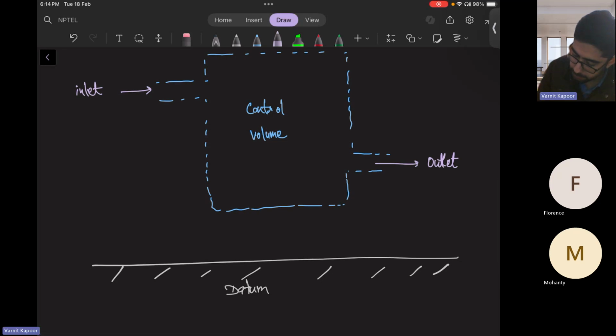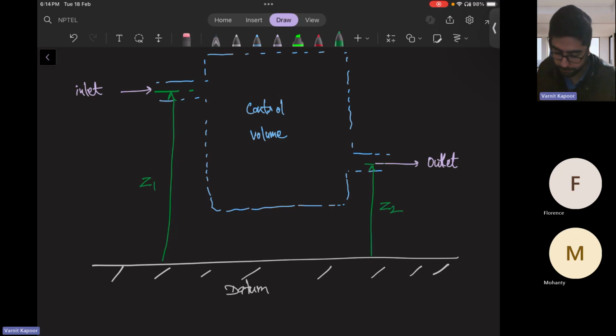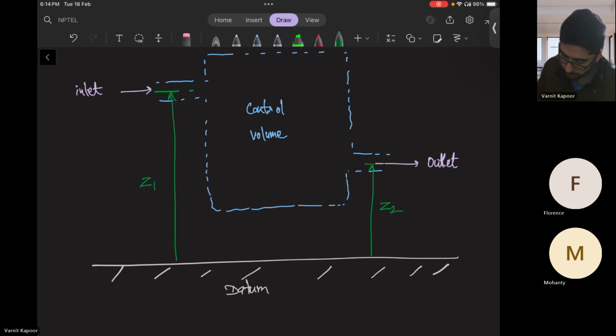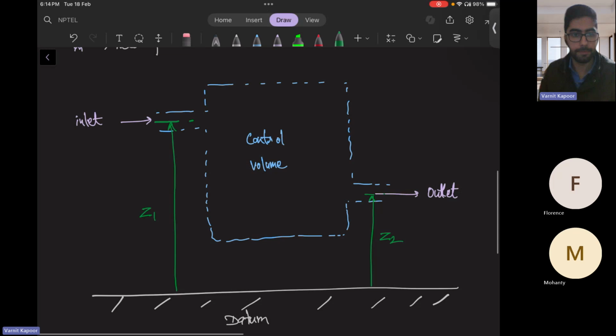The inlet is at a datum head of Z1, and the outlet is at a datum head of Z2.